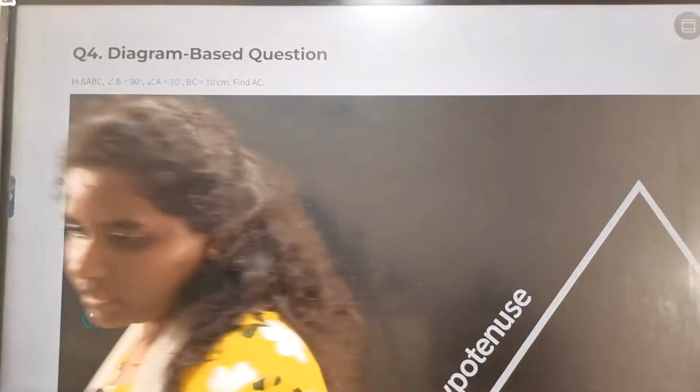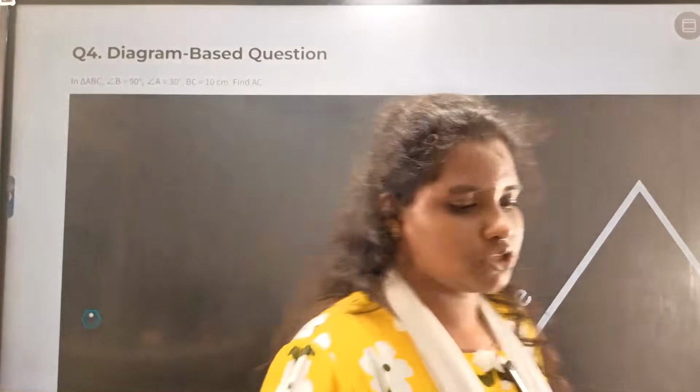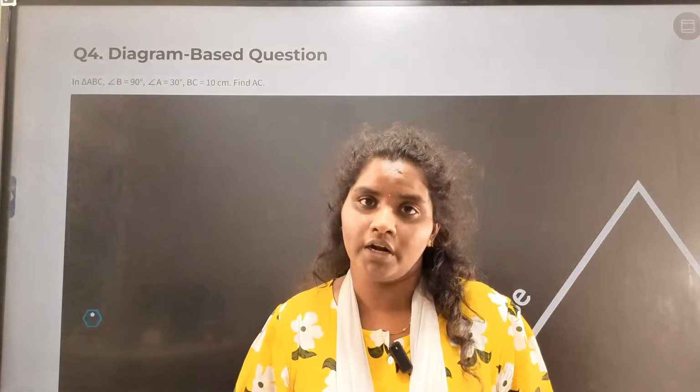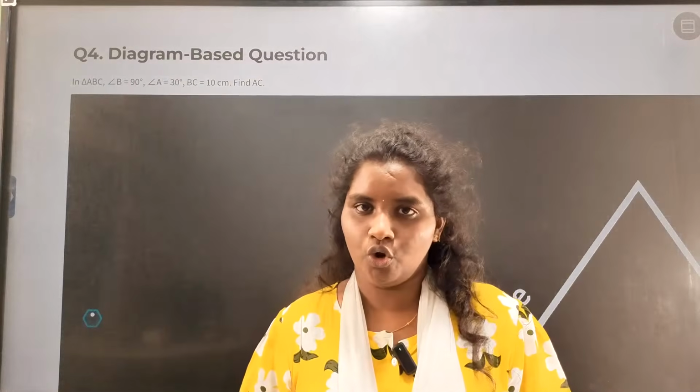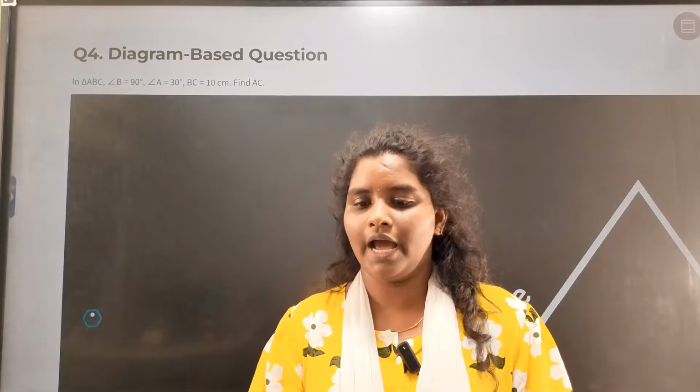Can you try? Yes, it's right. Yes, identity. Sine square x plus cos square x is equal to 1. It's an identity we know, but they given as prove the identity.